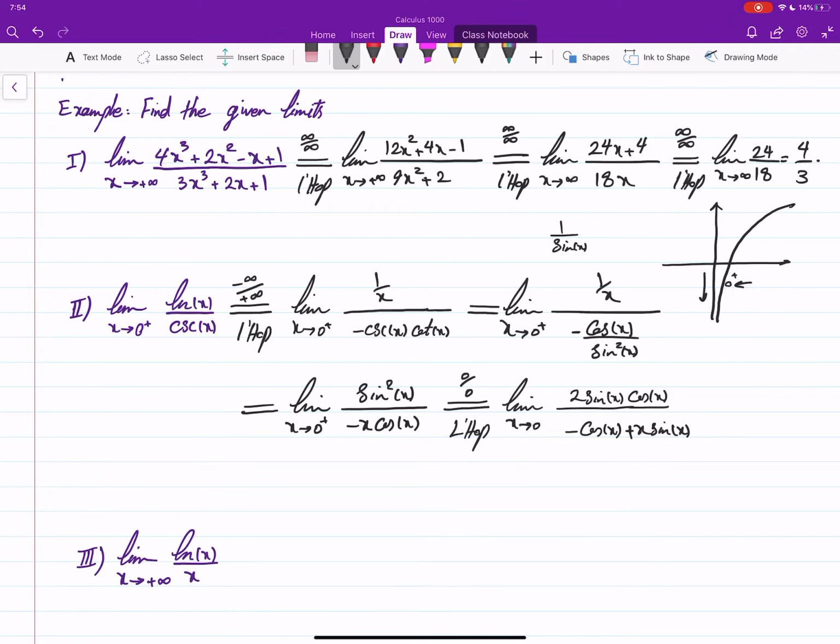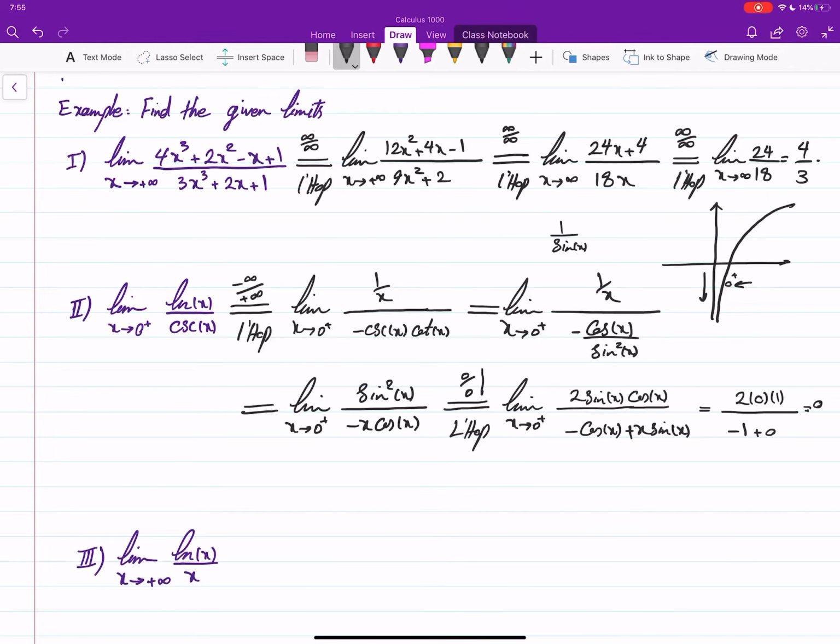You have to be very careful while doing these computations, because all the time you have to make sure that you get something that is a number or an indeterminate form. In this case, you see that the limit of the denominator is minus 1 plus 0. The limit of the numerator is 2 times 0 times 1.